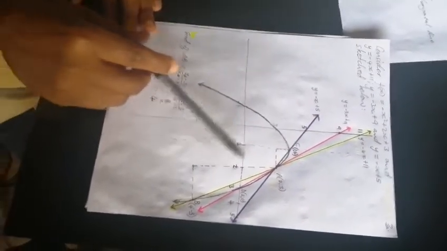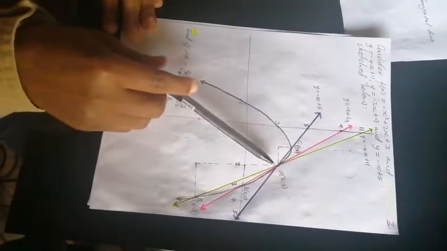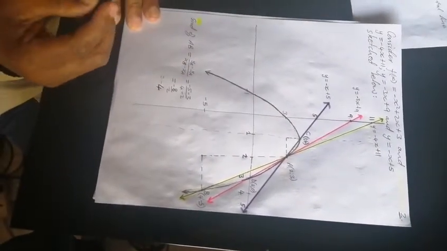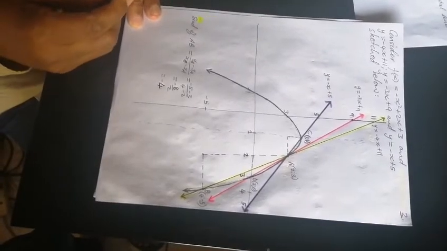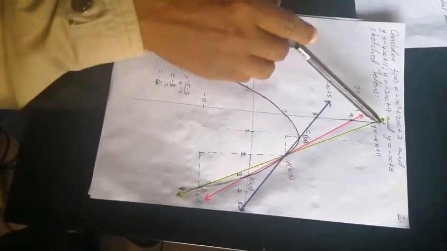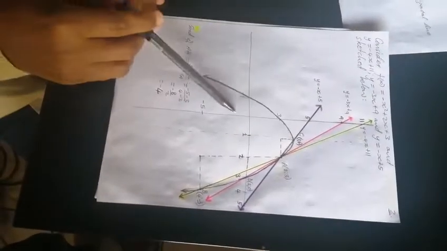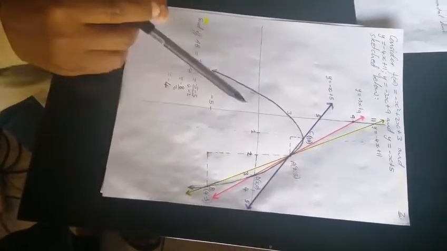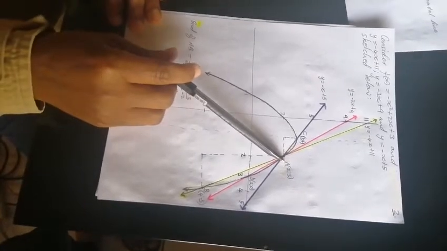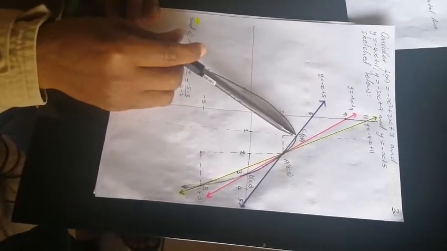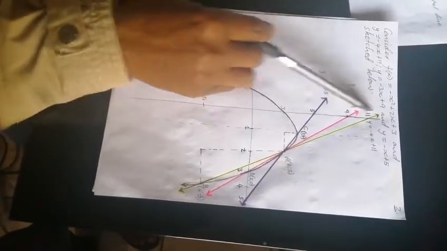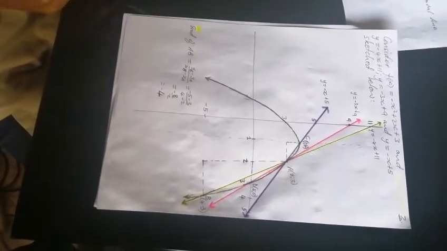And you can see it's passing through D, A, and a point 9 on the y-axis. And the last one, which is y is equal to minus x plus 5, is the purple one, which is passing through the point A as well as C, and also passing through the point 5 on the y-axis.